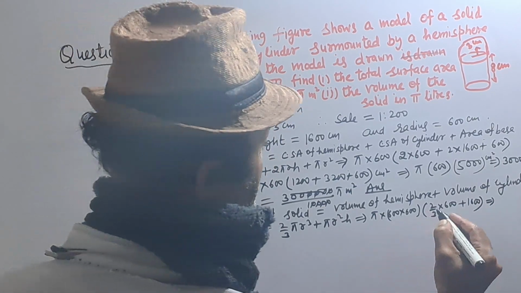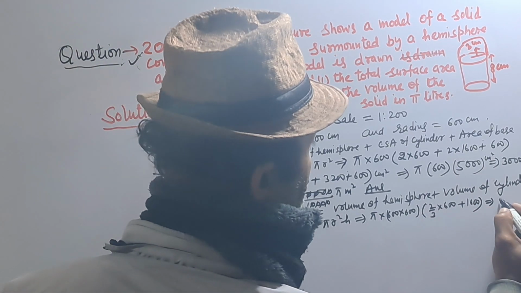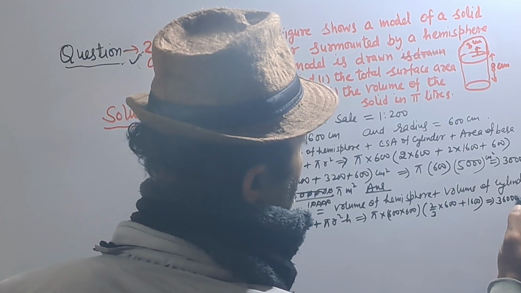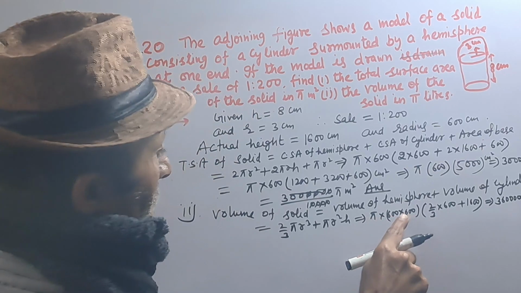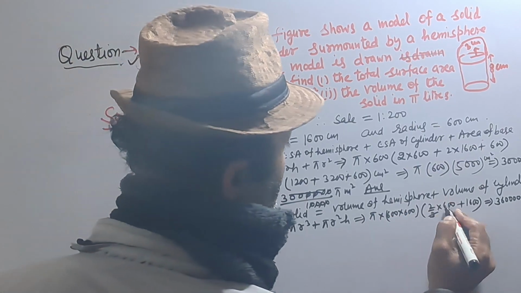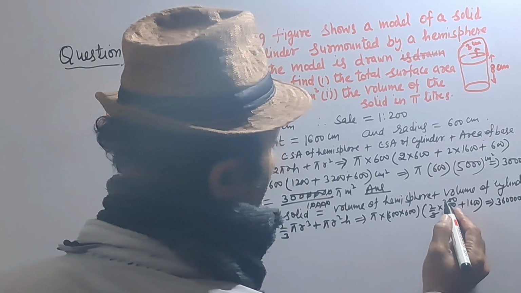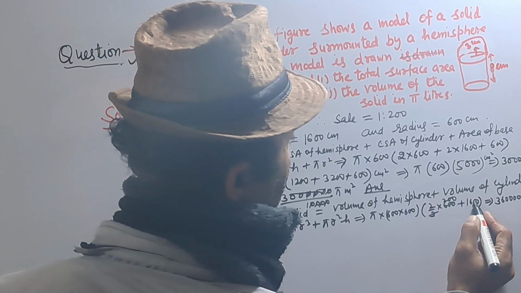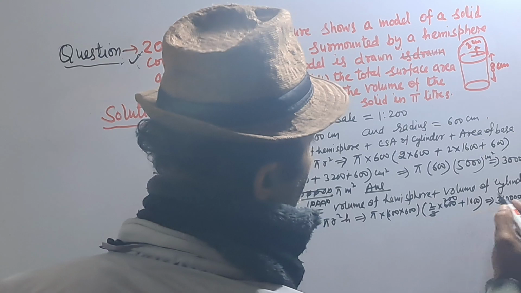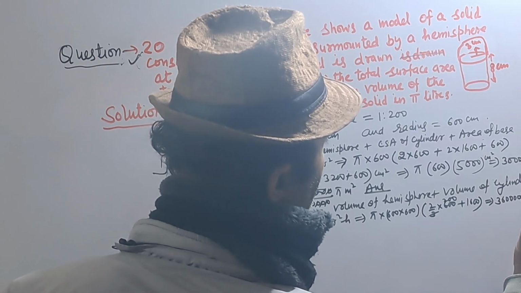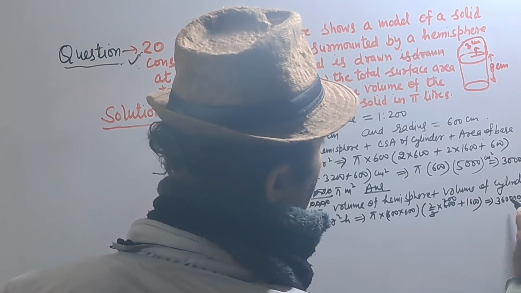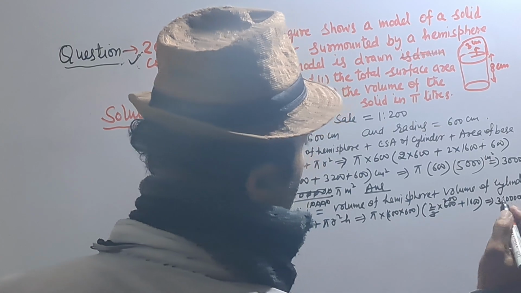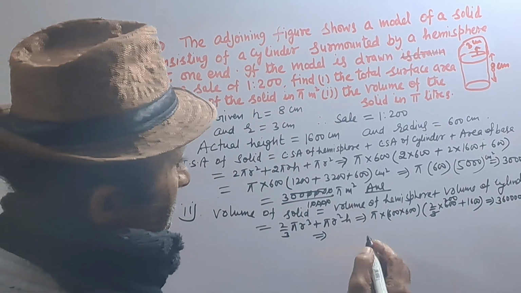Which implies 6 6s are 36, with zeros, and this is cancelled by 200. 200 2s are 400. 400 plus 1600 is equal to 2000 pi.